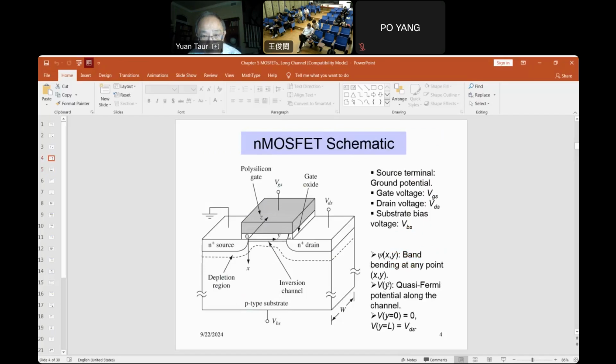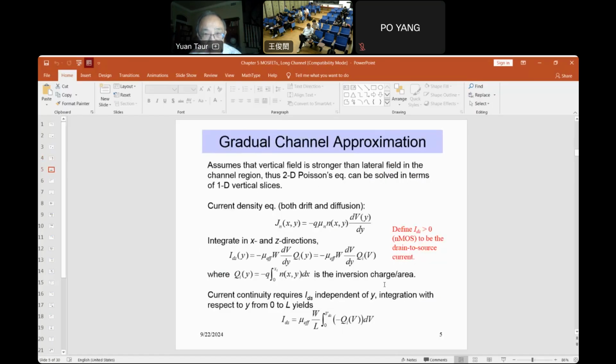Vice versa, y is a function of V, so V and y can be interchanged. Qi is a function of y, and it's also a function of V, because of this relationship. So we change Qi to Qi(V), then multiply dy over and integrate on both sides.